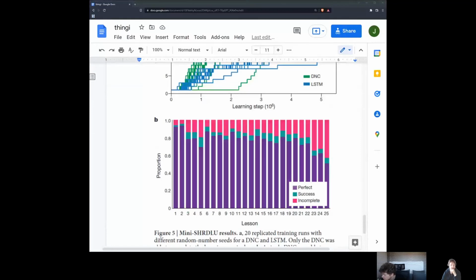Okay, so basically it's perfect if it finds the optimal solution. Success is if it takes a few more moves than the optimal solution, and failure is if it doesn't satisfy all constraints. Yeah. So my first question would be, who sorted the graph?